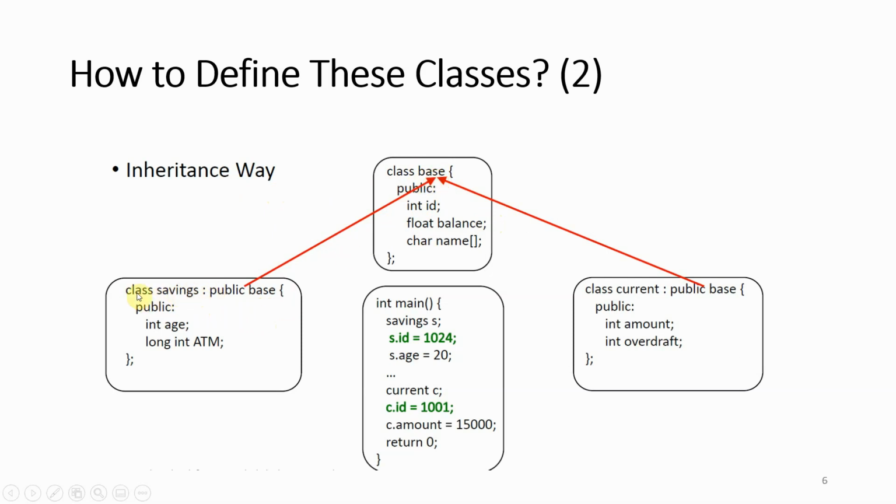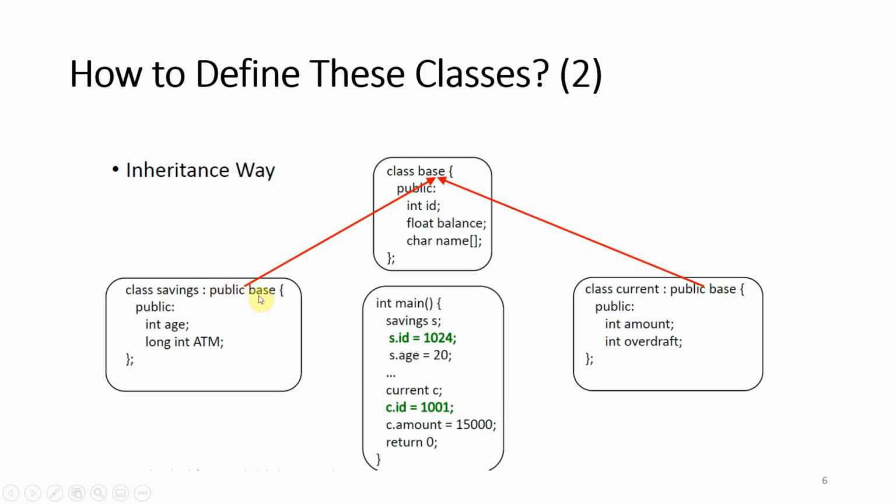When we define the class, we have a colon operator. Then here I'm going to explain what this public means later. This is called the access mode, or inheritance mode. For simplicity I chose it as public, and I'll explain what this means later.